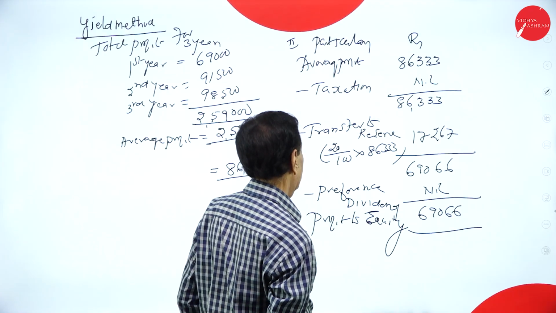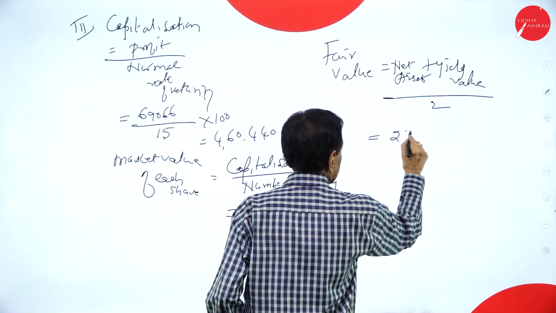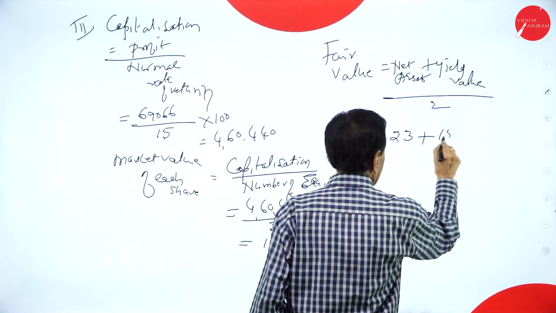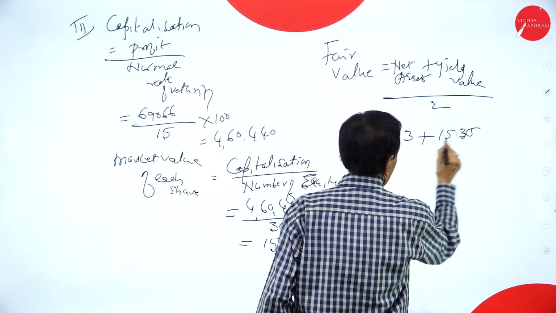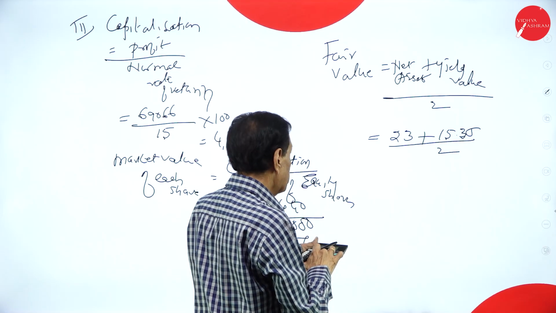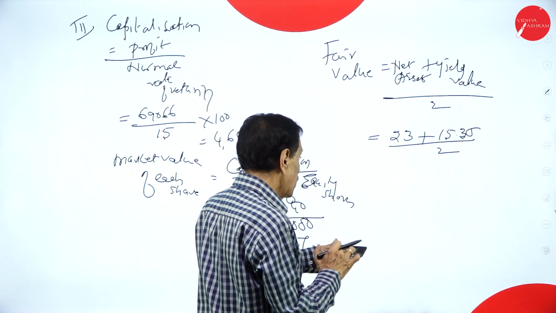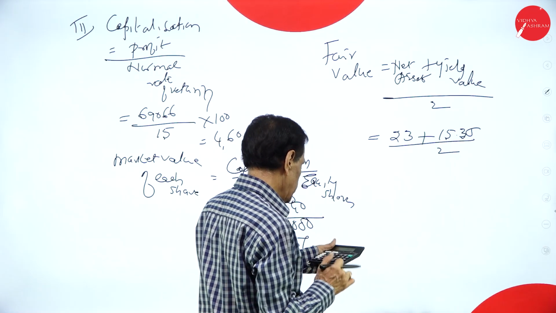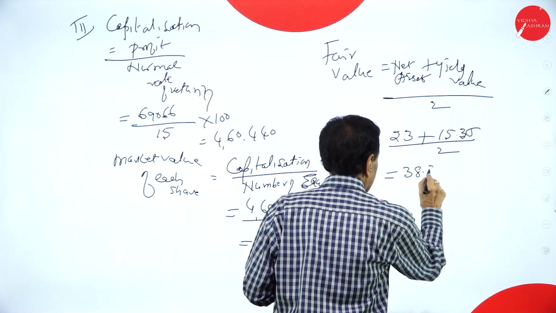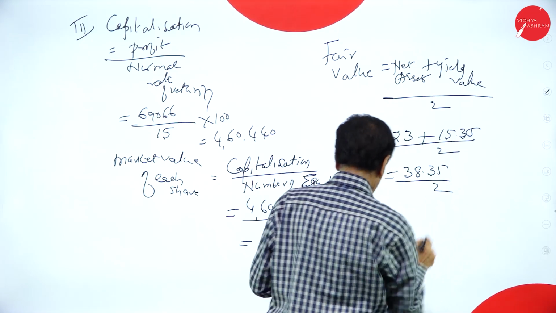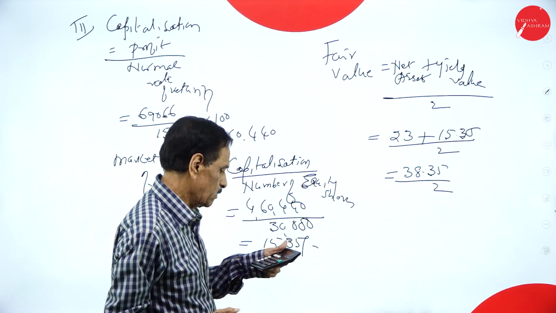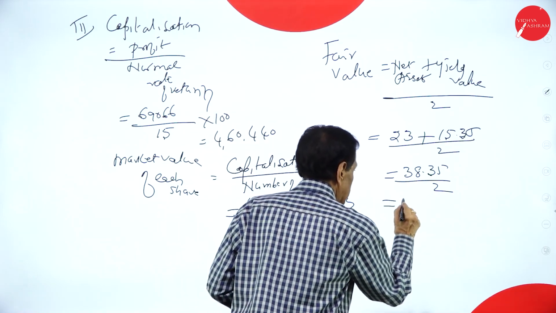It is 23 plus 15.35, whole divided by 2. 23 plus 15.35 is equal to 38.35, divided by 2 is equal to 19.175.